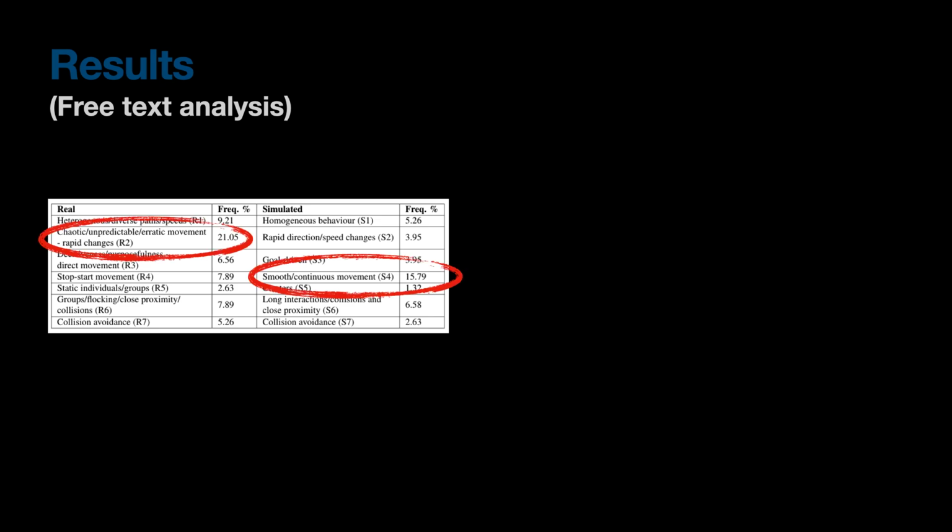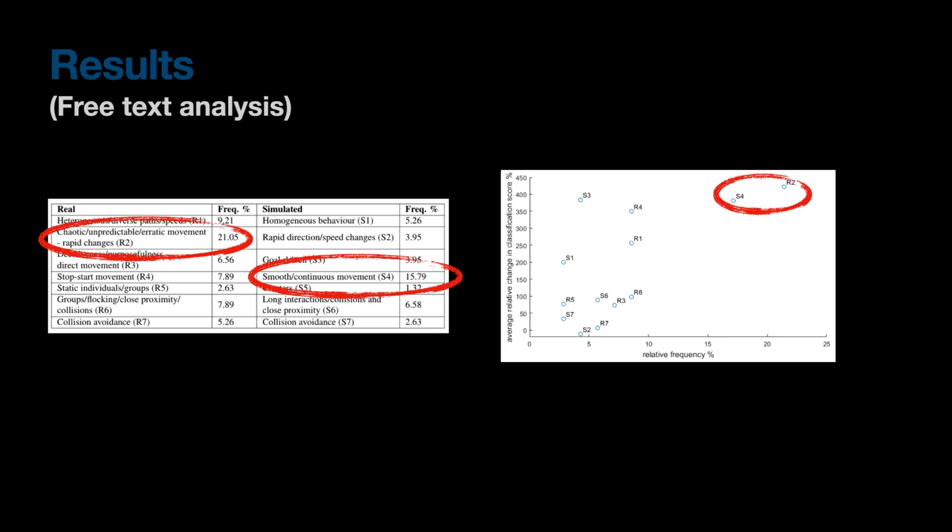And we immediately noticed two themes that were mentioned much more frequently than others: that real crowds are more unpredictable or erratic, and this made up 21% of all atoms, and that simulated crowds move much more smoothly, 16% of all atoms. And these observations are clearly complementary in that after training, observers believe that real crowds are more unpredictable than simulated crowds, which move much more smoothly.